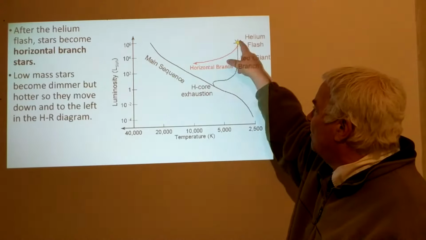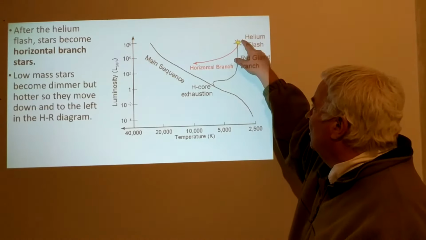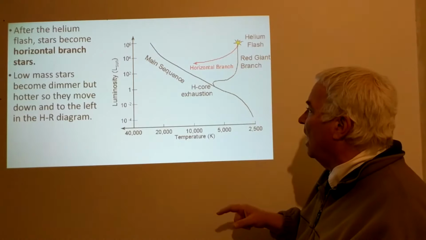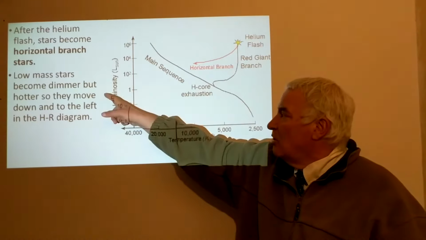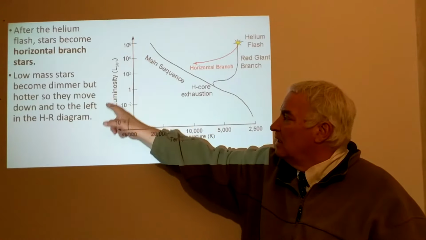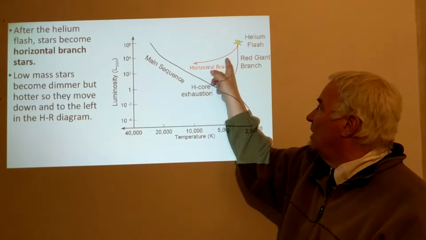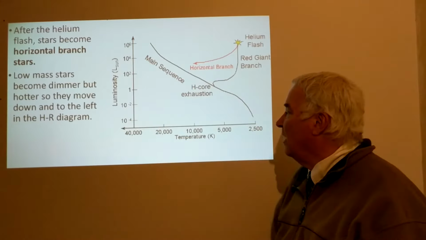The time after that is called the horizontal branch, and you can see that it's horizontal on the HR diagram. Low mass stars become dimmer but hotter, so they're moving to the left and down, first down and then to the left on the HR diagram.